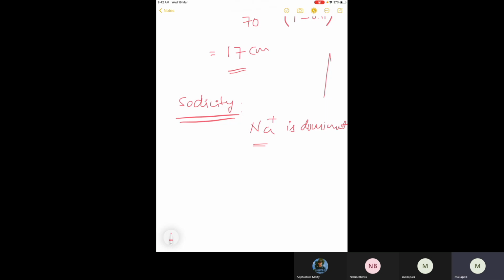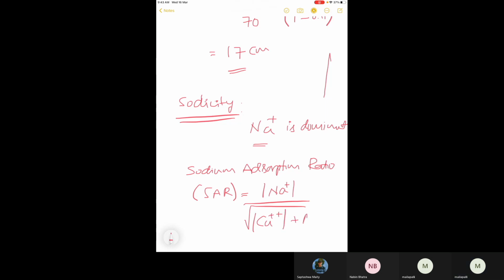In order to represent sodicity, we have a term called the sodium adsorption ratio, that is SAR, which is defined as the concentration of Na+ divided by the square root of the calcium concentration plus the magnesium concentration, divided by 2.